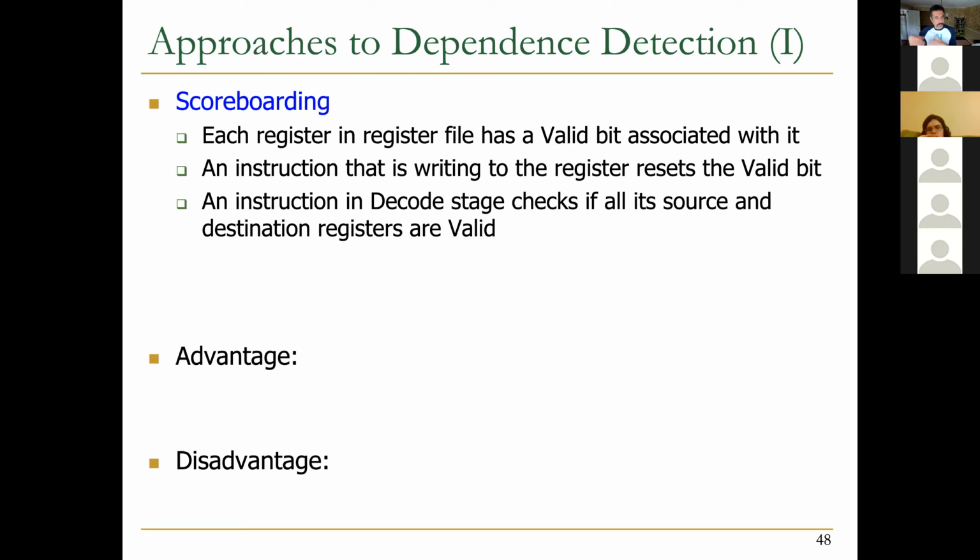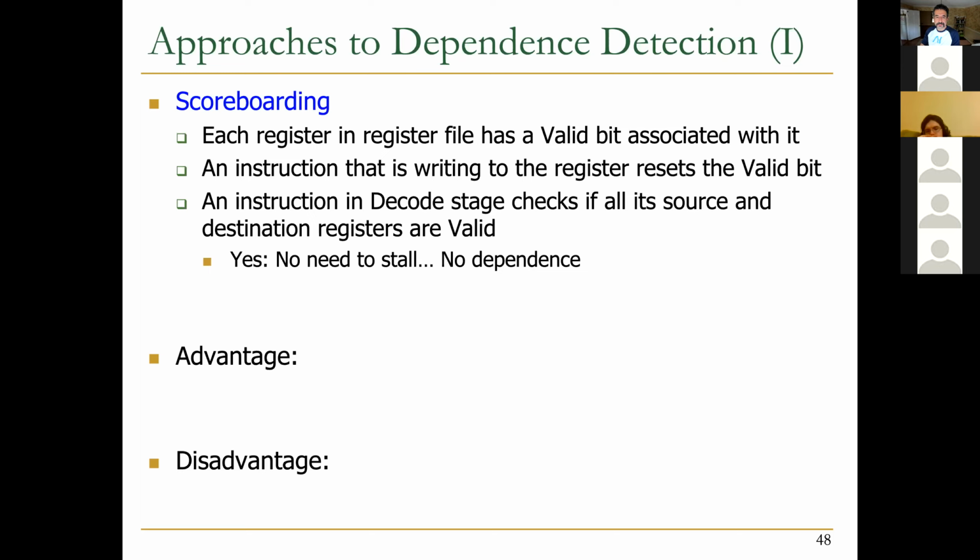In order to do any ALU operation, this value needs to be valid, otherwise the result would be incorrect. So this Boolean value, whether the register value is valid or not, is one solution. It obviously has some advantages and disadvantages, but it's straightforward. To implement it, we just add a bit into the registers.